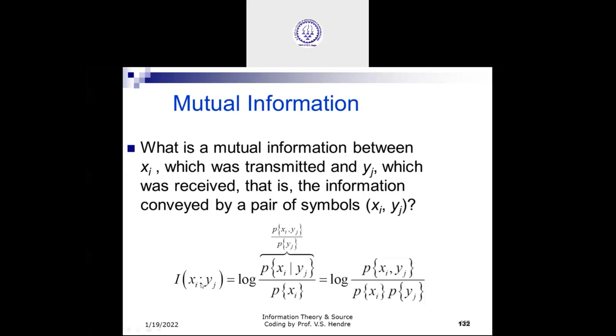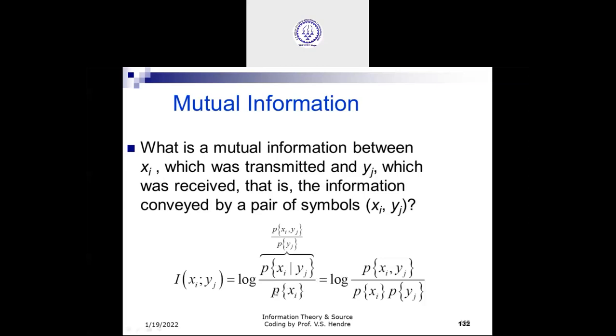Now you can look at the difference in notation here. Here it is a semicolon. In the earlier case, for joint probability, we simply used a comma between the two variables xi and yj. So here, I of xi semicolon yj will be equal to log of p of xi given yj divided by p of xi. That is, the logarithm of the ratio of the conditional probability of xi given yj to p of xi.